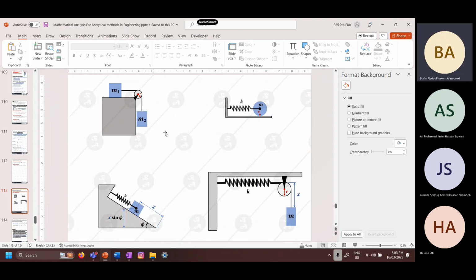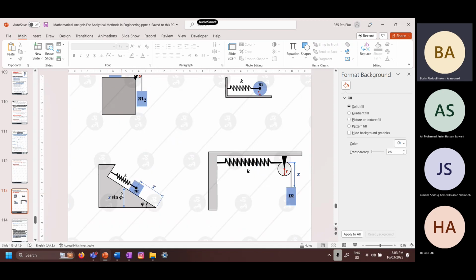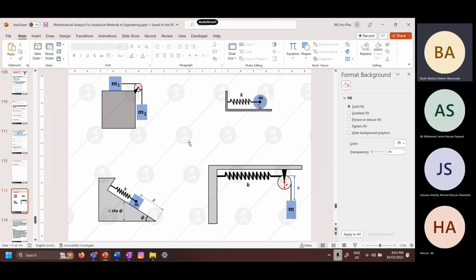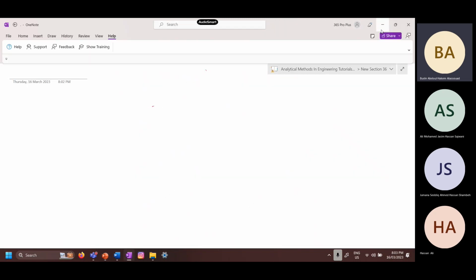Just a normal pulley system. This one the same here. This one, a pulley with a spring. This is a spring with a disc. And this one, an inclined surface with a spring. It seems complicated, but these 4 problems are going to make you appreciate Euler-Lagrange over the Newton method.